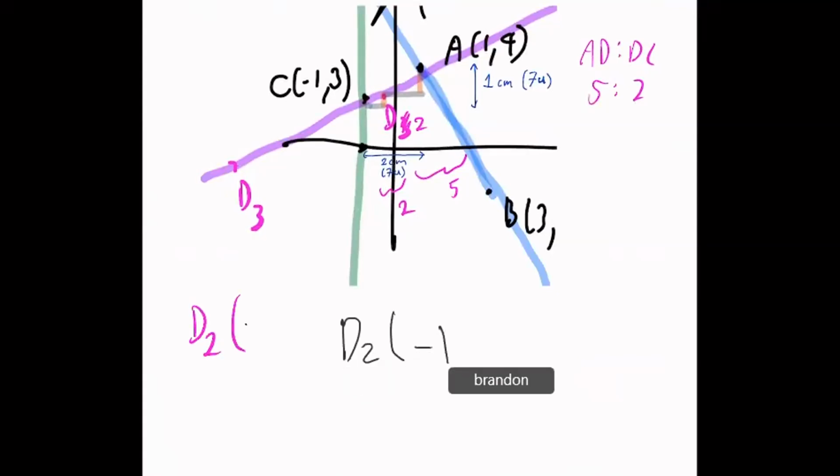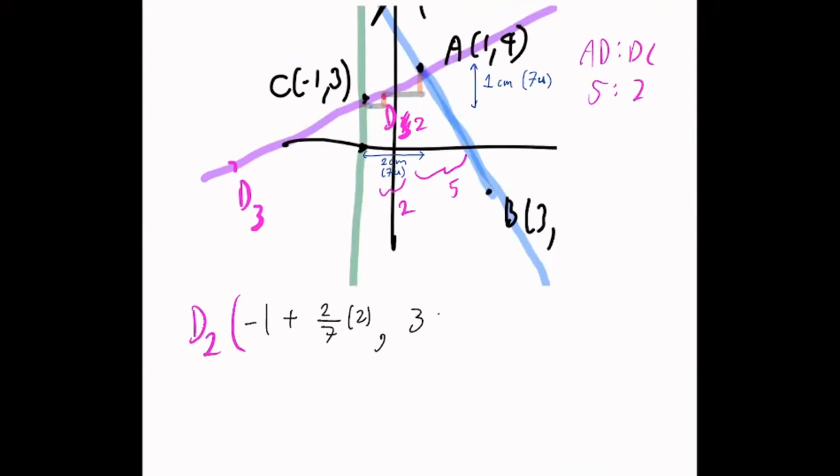It must be, let's say we start with -1, add on 2 units out of 7, right? So 2/7 of 2. Then for the y coordinate will be 3, you add on 2/7 of 1. Is that correct? I hope I didn't see wrongly.